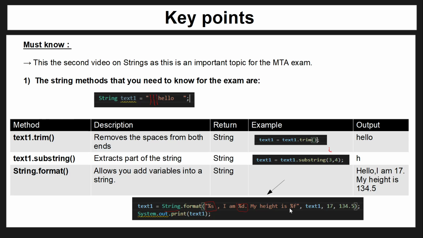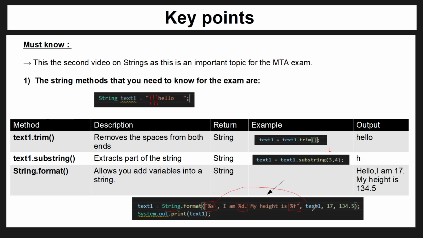The first value is the string that you're going to write in this method. This percentage sign is where we want to insert a value or a variable into our string. This percentage S is saying this must be a string, so we're doing some validation here.